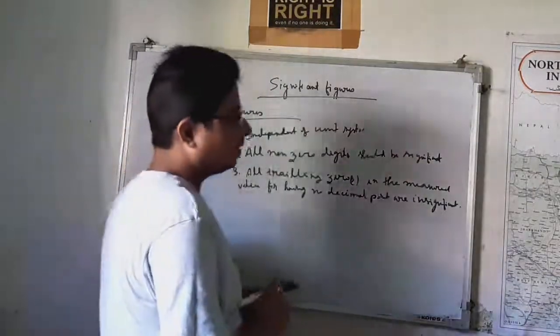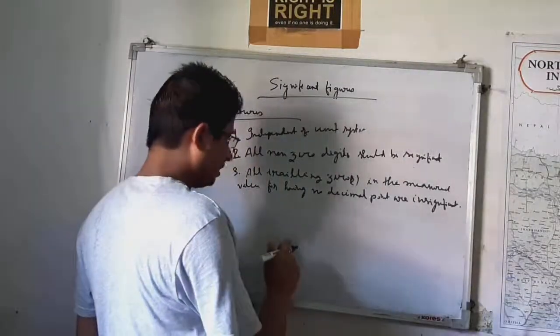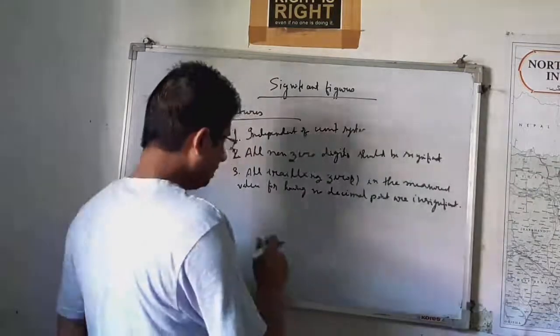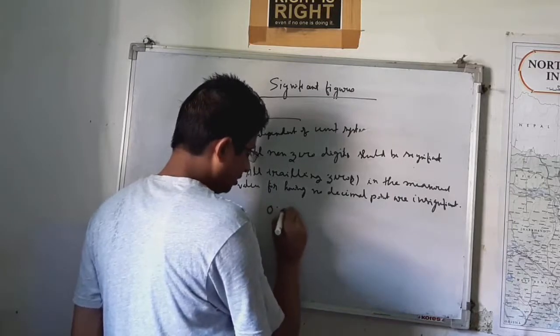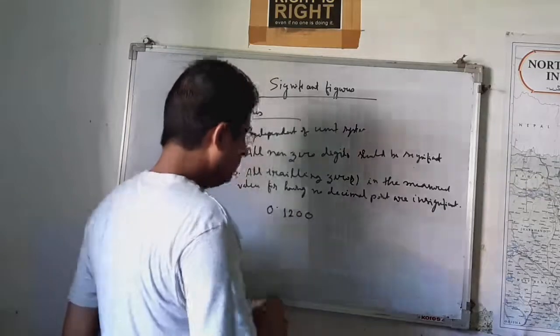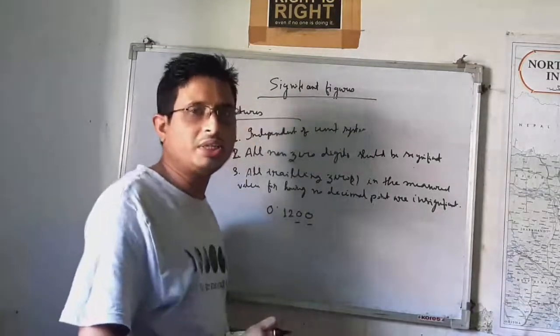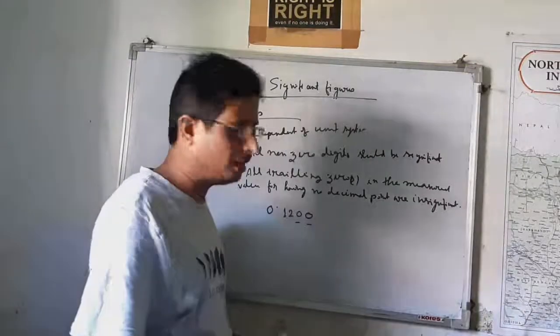But if you take into consideration decimal points, suppose I want to measure the diameter of a pin. Let it be, suppose, 0.1200. In that case, these two zeros give the precision of the measurement. So these two zeros are significant.